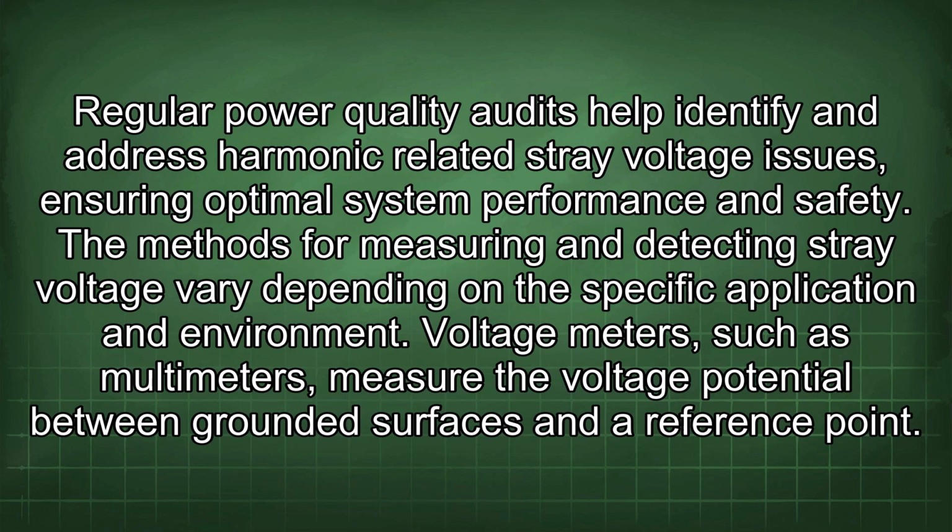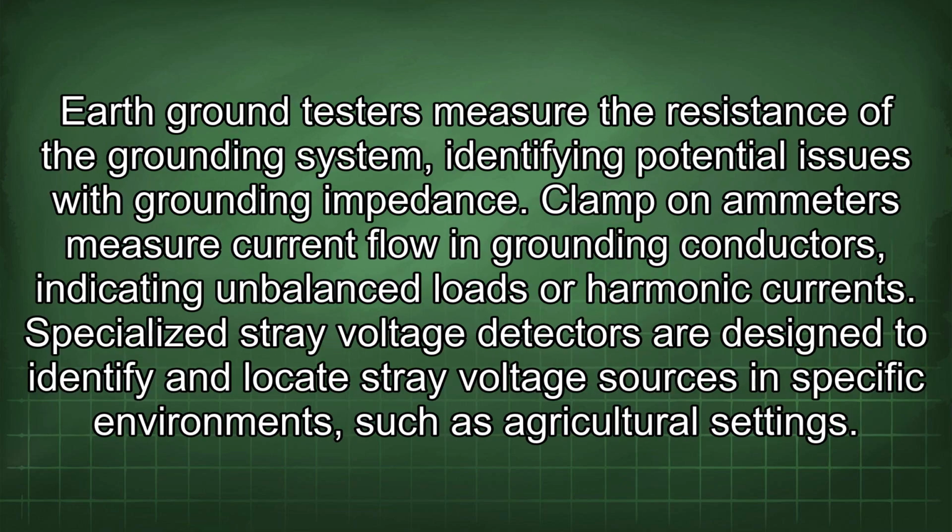The methods for measuring and detecting stray voltage vary depending on the specific application and environment. Voltage meters, such as multimeters, measure the voltage potential between grounded surfaces and a reference point. Earth ground testers measure the resistance of the grounding system, identifying potential issues with grounding impedance.